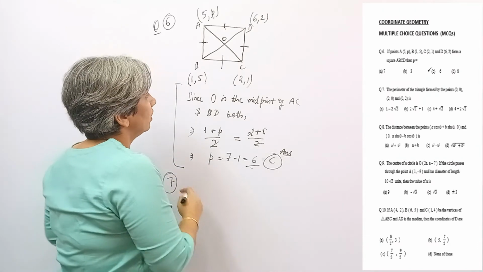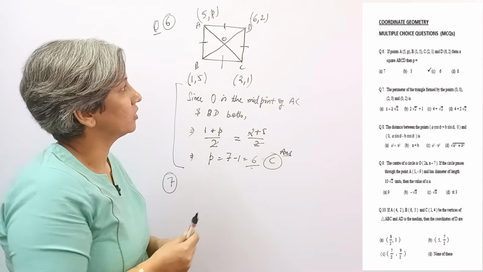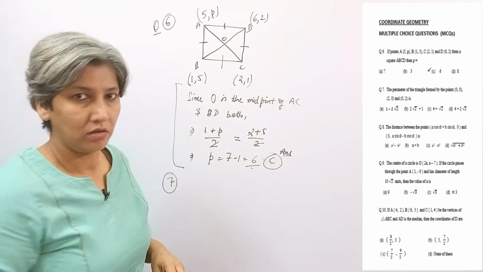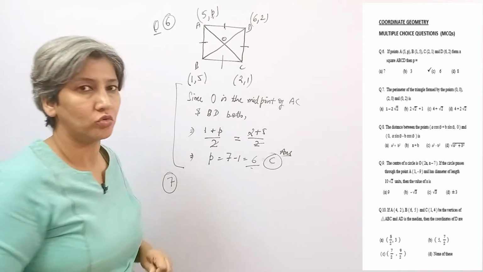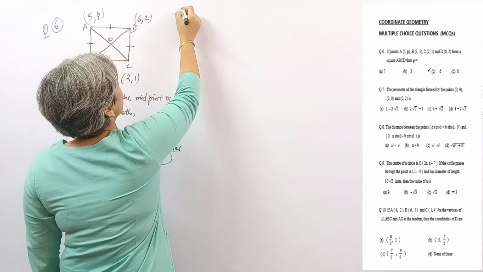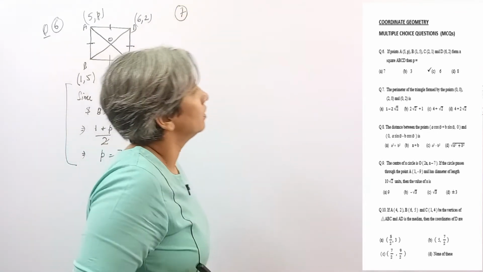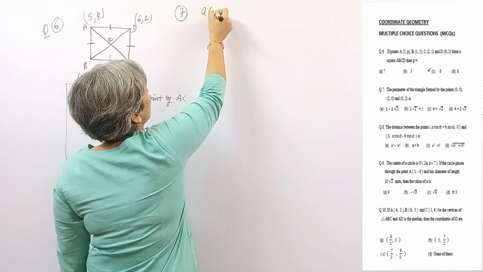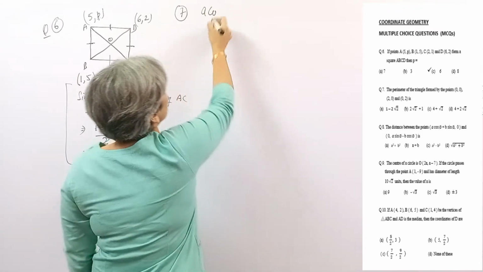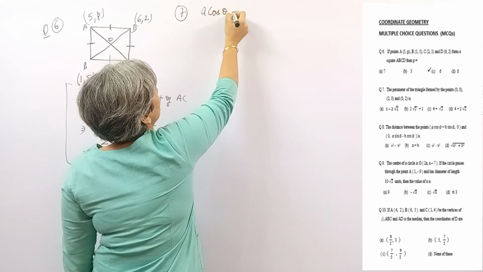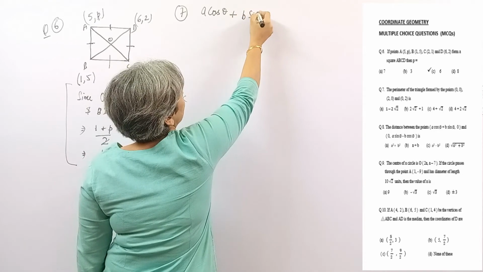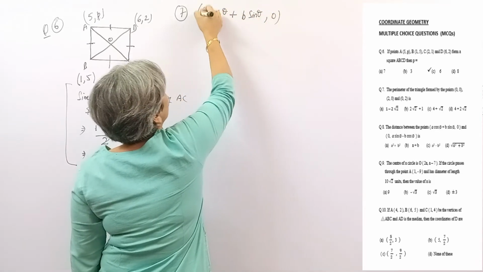Okay, fine. We'll just make a little space here to do the question properly. Let's do it. Question 7, let's do here. So we have 2 points, a cos theta plus b sin theta and 0.